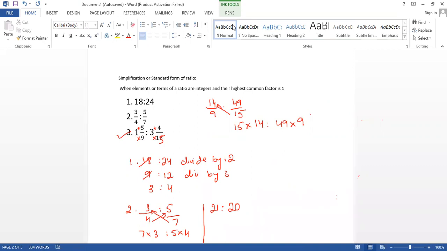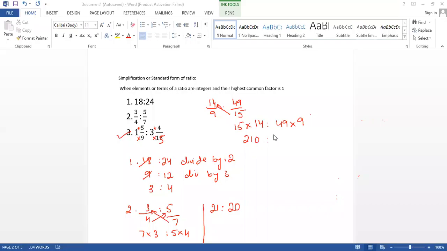So wait, let me open the annotation. 210 and on this side 49 times 9 is going to give you 441. I need to see that which table will have both numbers.